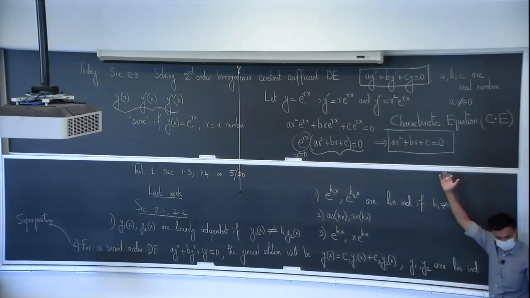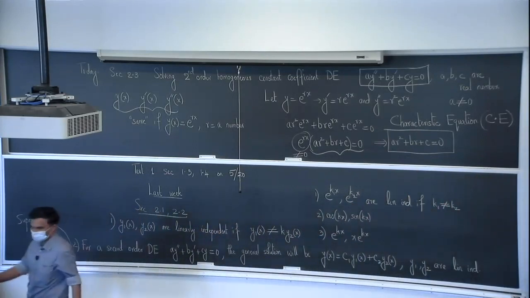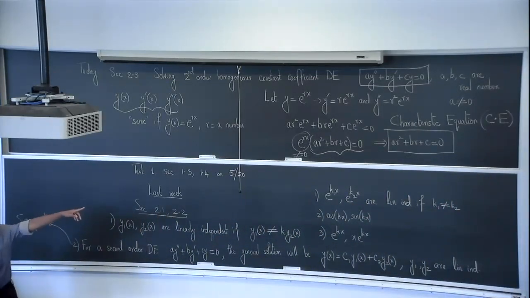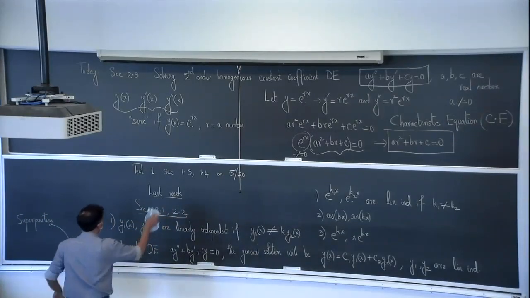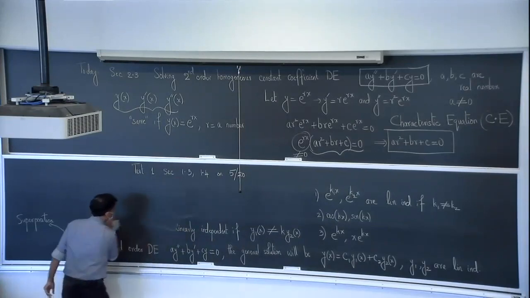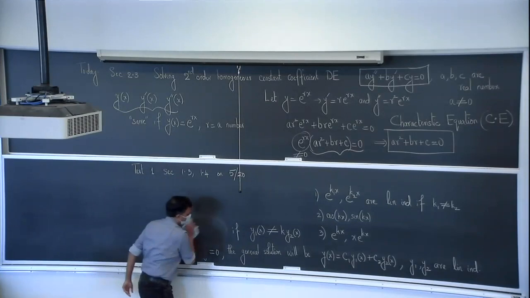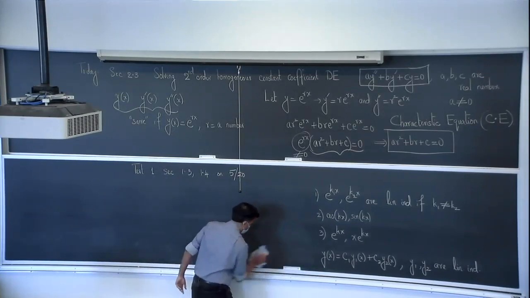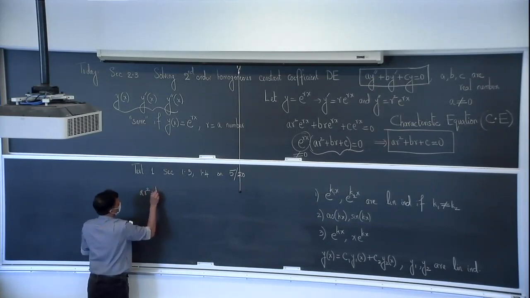Now you're back to your high school or middle school, whenever you first saw a quadratic equation. All you have to do now is solve that equation, which you have done a million times. So let's do that. a r square plus b r plus c equal to 0.